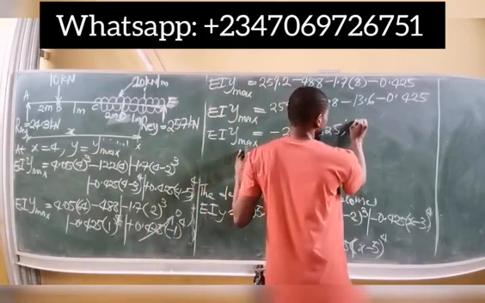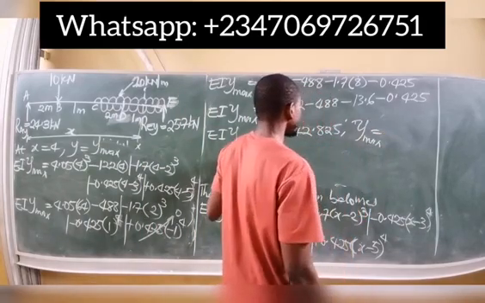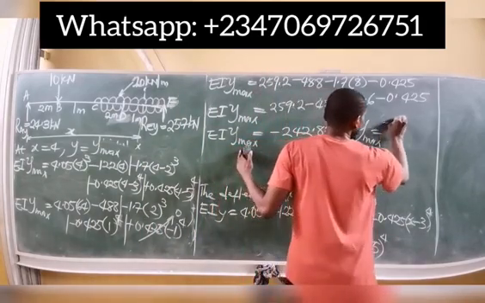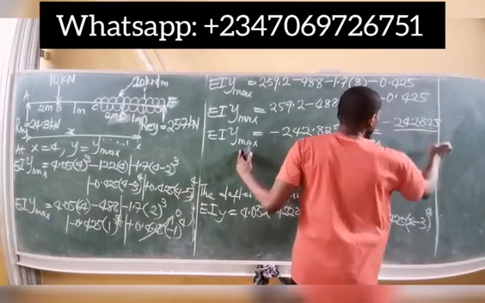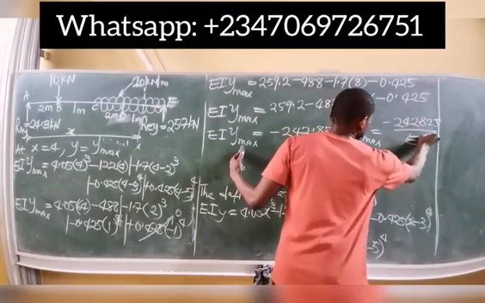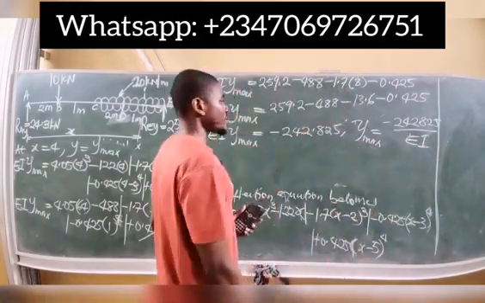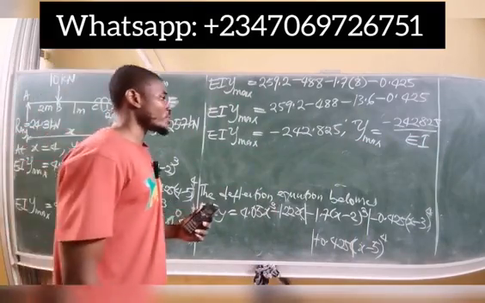This simply implies that y max is now equal to minus 242.825 all over flexural rigidity, which is EI. And of course, we know the values of Young's modulus and moment of inertia.